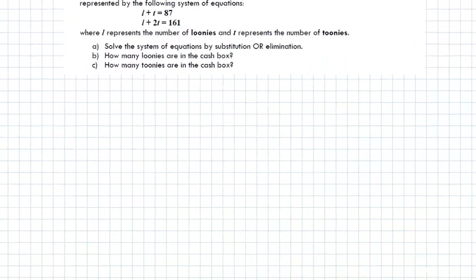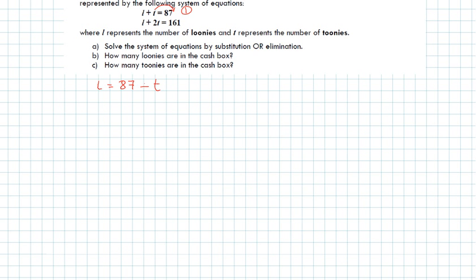So what's my solution? Move the L from the first equation. So isolate for one, right? So which one do I isolate for? Let's isolate for L, okay? So I'm going to move the T over, okay? So that's going to be L equals 87 minus T, right?